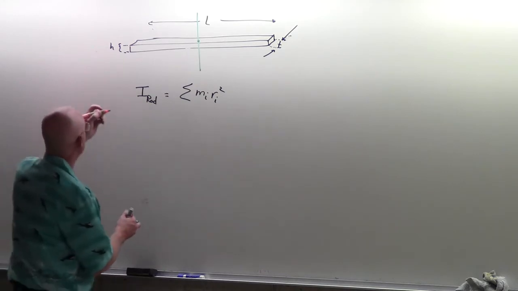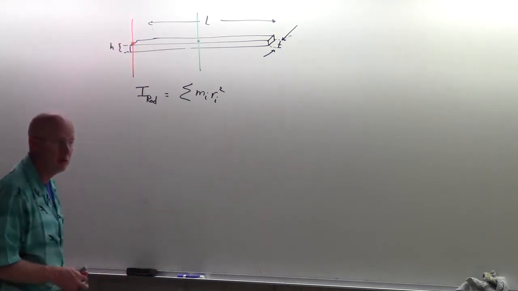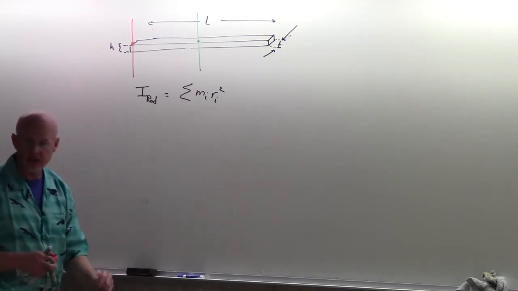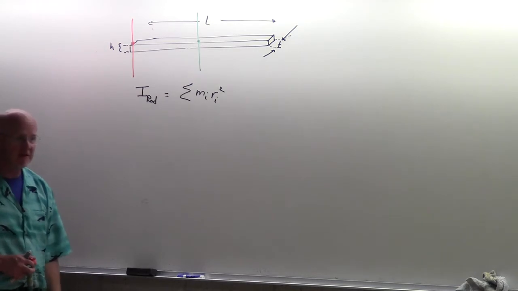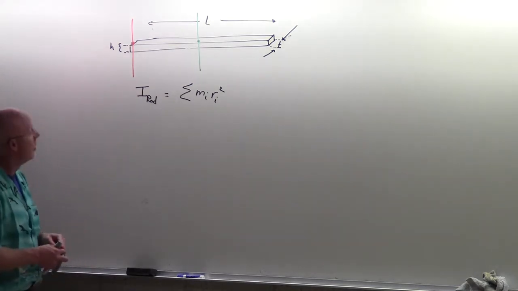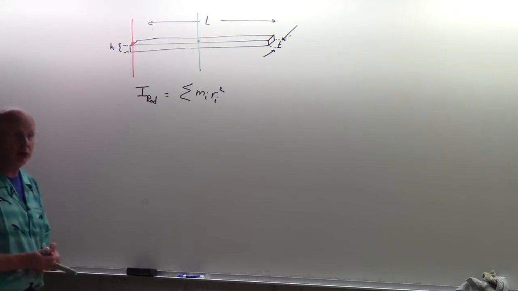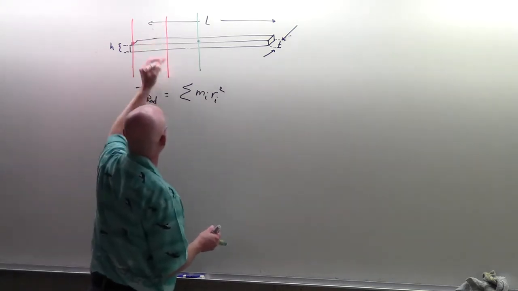Instead of its center, what if I were to spin it around its end point? Do you think that's going to come out to be the same thing? No. Right? And so, what axis you spin it around is very important here.